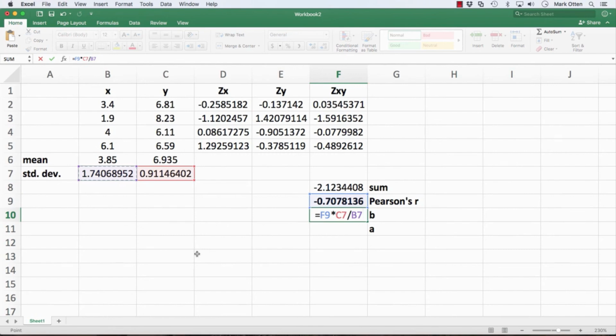So you can tell mathematically the correlation is going to be very much related to the slope value. And it's related by a factor of standard deviations. What you're doing here is putting the correlation, instead of z-scores, back into units of y and x.